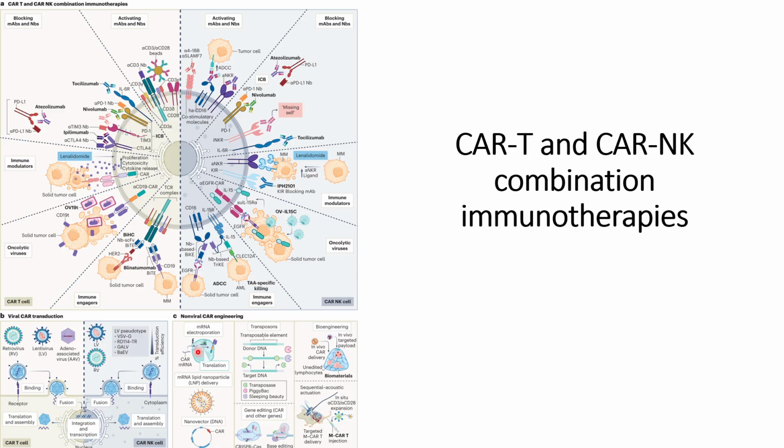And this can be used in the form of nanovector DNA, where the CAR construct is electroporated inside the nucleus, where it will be transcribed and translated, and it will lead to base editing, and it can also be used for the CRISPR-Cas9 system.